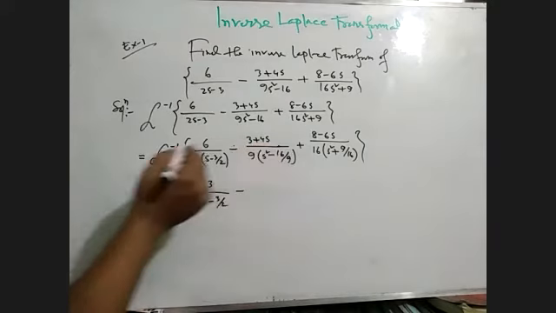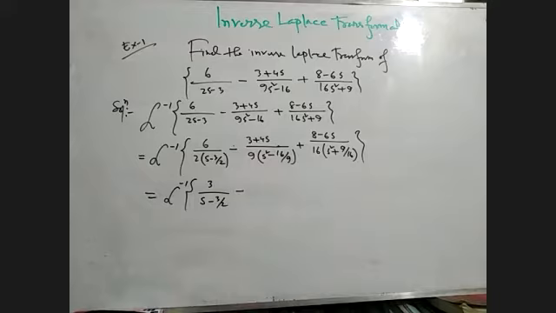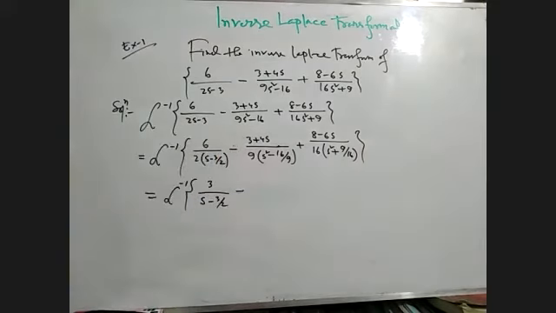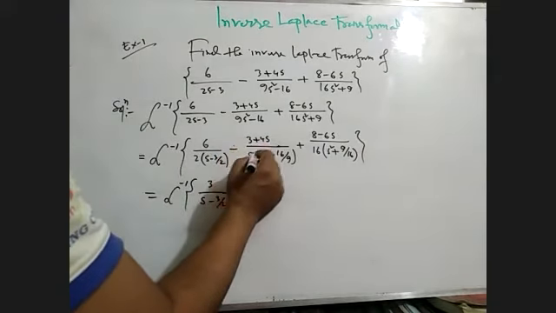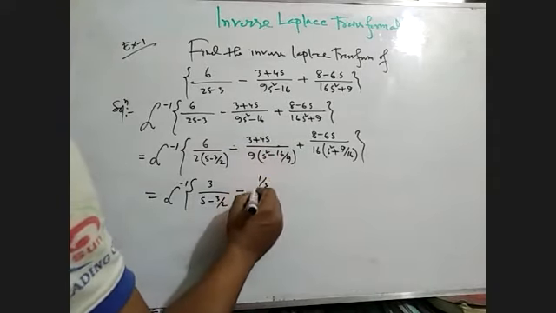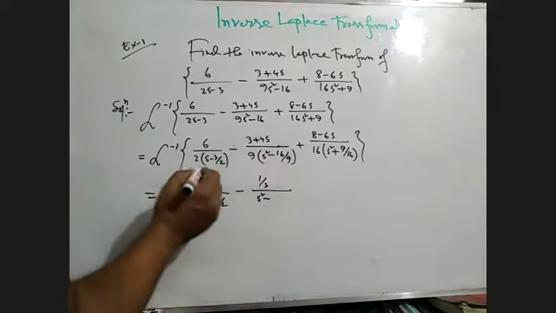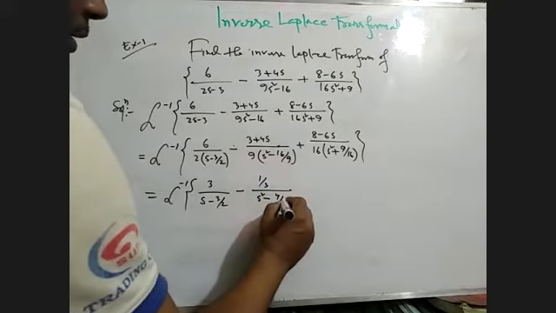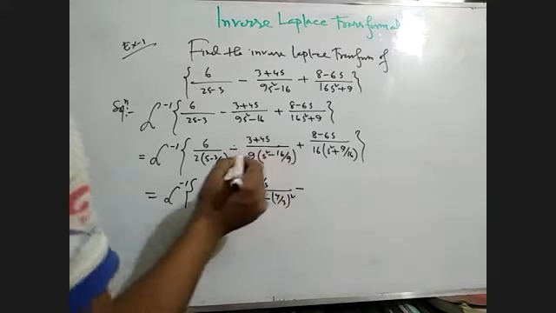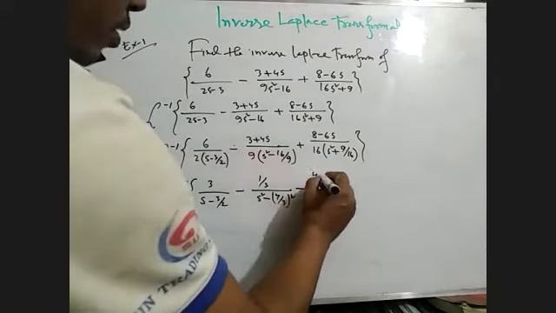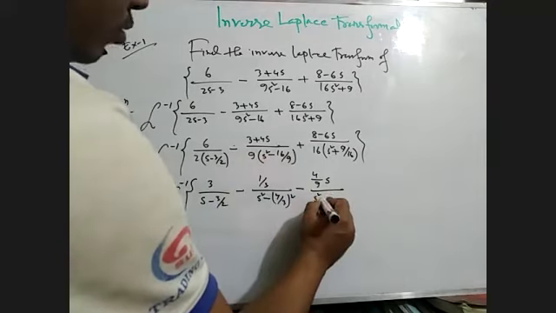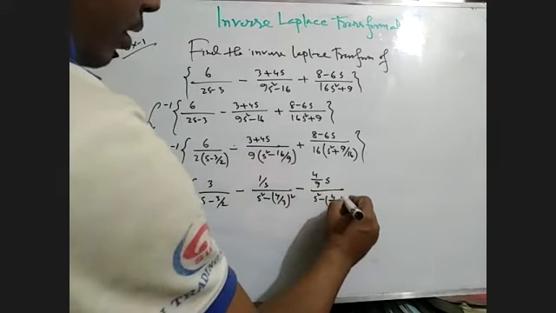Then we can divide 3 plus 4s into 3 divided by the whole term, that means 1 by 3 divided by s square minus 4 by 3 whole square, plus another term 4s divided by 9, that means 4 by 9 into s divided by the same s square minus 4 by 3 whole square.